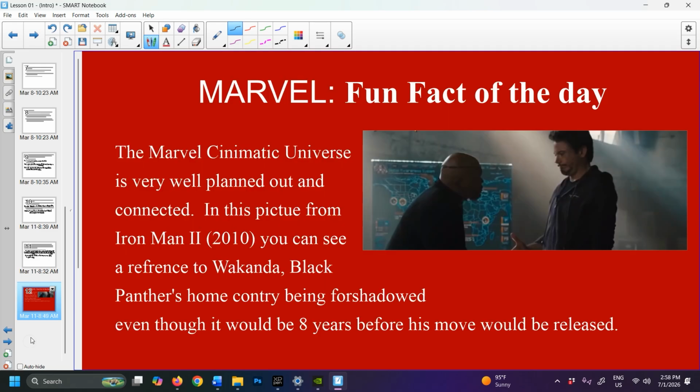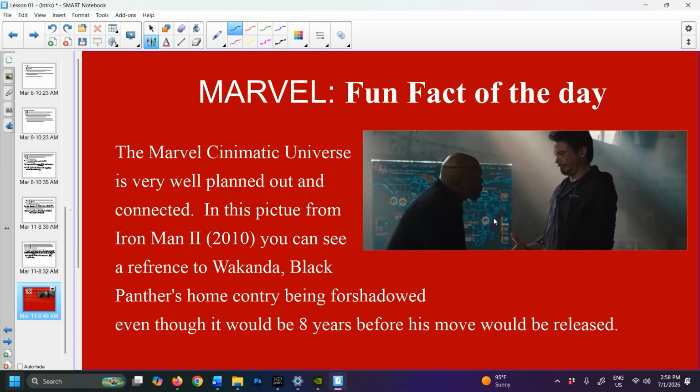So, as you know, I am kind of a nerd, so I include some Marvel fun facts of the day. Here is the first one. The Marvel Cinematic Universe is well planned out and very much connected. In this picture from Iron Man 2 from 2010, I know that's forever ago, you can see a reference to Wakanda.